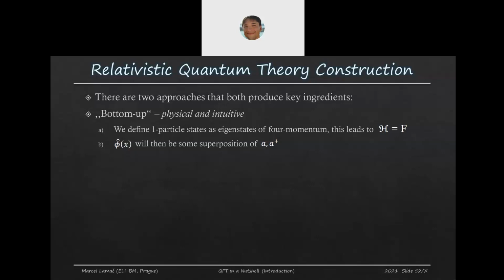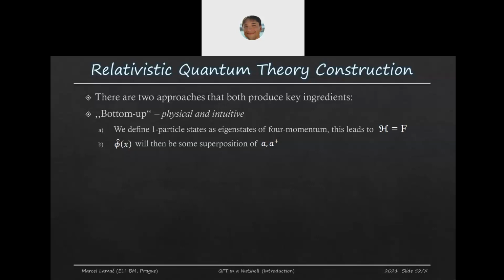These one particle states are defined as the eigenstates of four-momentum. This seems reasonable because we know that every particle is somehow associated with its rest mass, and in the rest frame, the square of the four-momentum is simply the rest mass of the particle, right?